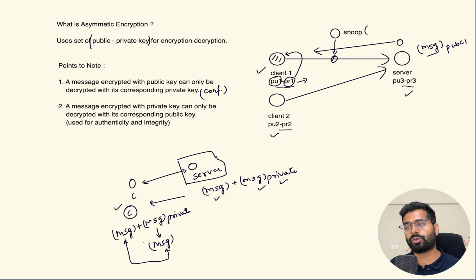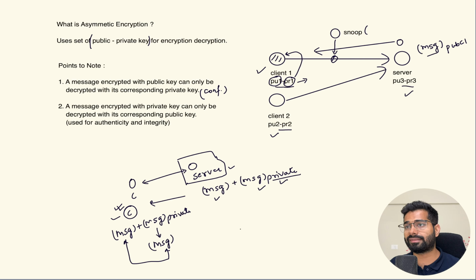Since both messages would be equal, the client will know that the server sending me this message is actually in possession of the private key for this particular server, because I am having the public key. So he is having the private key, and it is indeed he who is saying so.